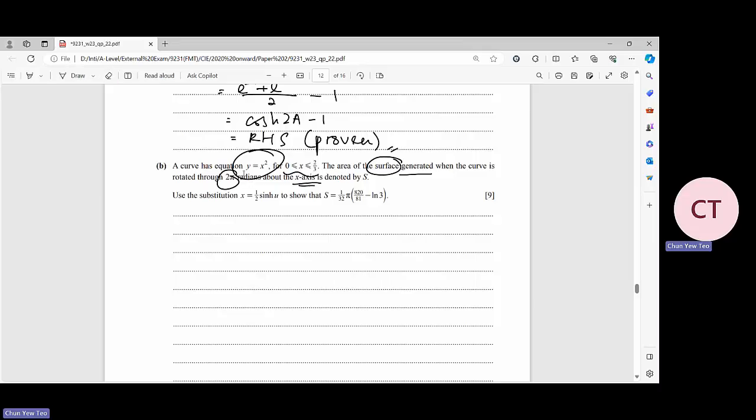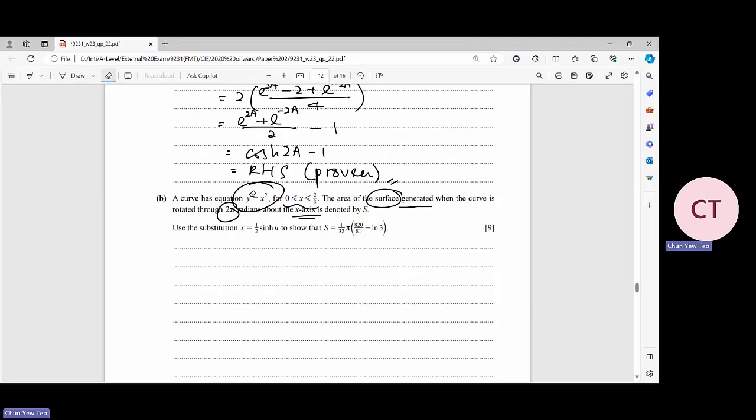So you need to know that the formula for a surface area generated by rotating 2 pi radians about the x-axis is going to be 2 pi y dx. Sorry, the formula is supposed to be 2 pi y square root of 1 plus (dy/dx) squared dx. Okay, so this is the formula.